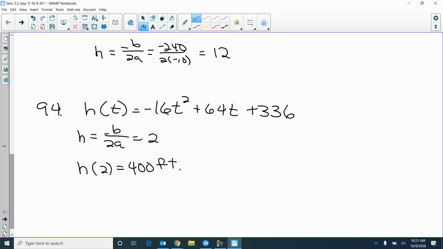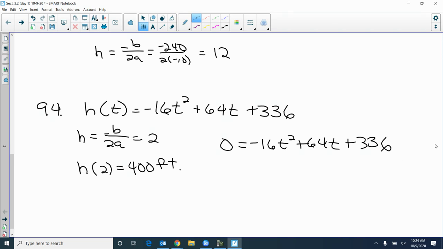All right, when it hits the ground, the height is 0. And sometimes you can just double the time. Not in this case, so I have to explain why. So you've got 0 equals negative 16t squared plus 64t plus 336. You could solve this using the quadratic formula, or this one would actually factor.